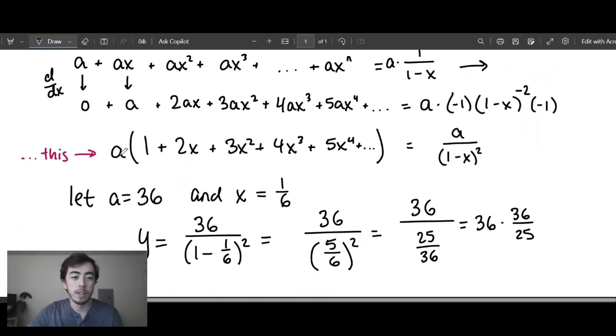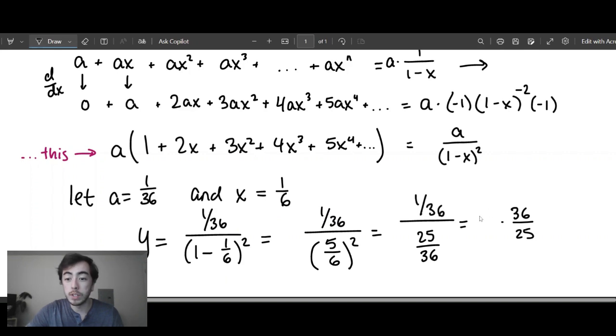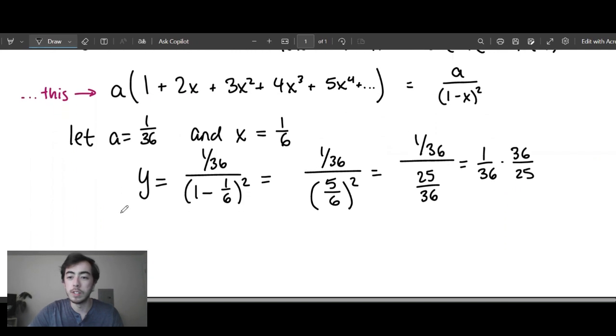So going all the way down here, this a isn't 36, it's 1 over 36. So let me fix that here, here, here, and here. These are all going to be 1 over 36. And then finally, when I do that whole keep, change, flip to rewrite my fraction division, now I can see that these 36s cancel. And so I'm just left with 1 over 25.